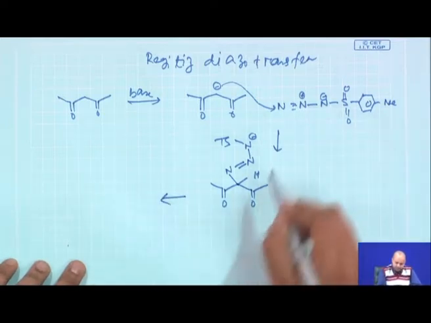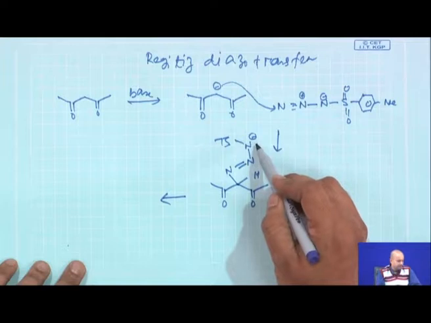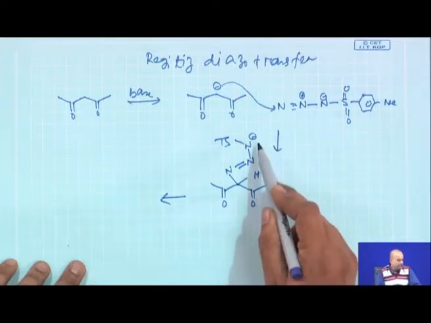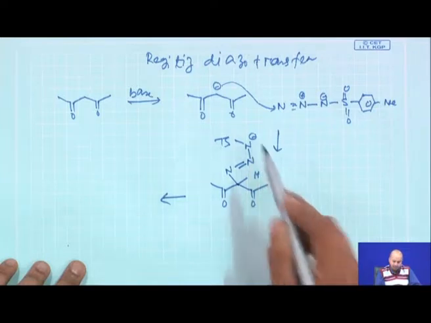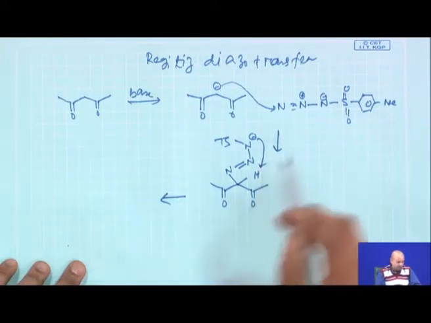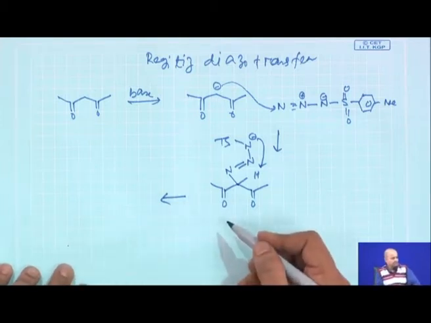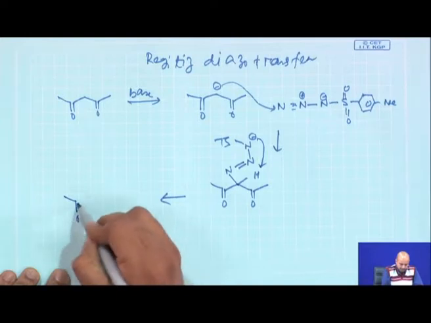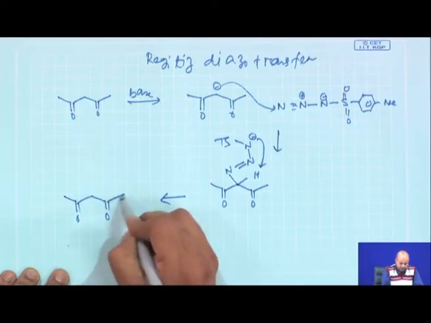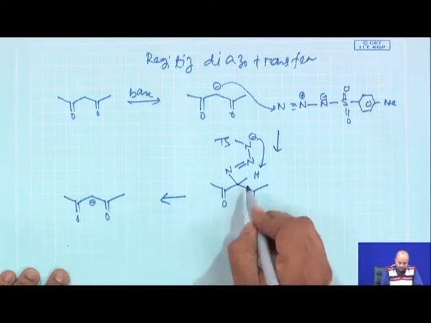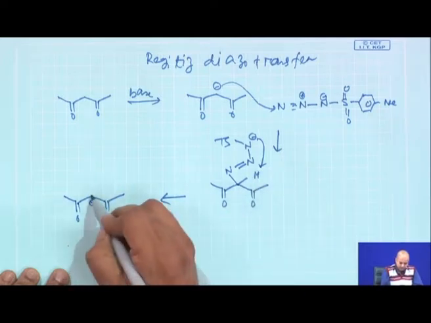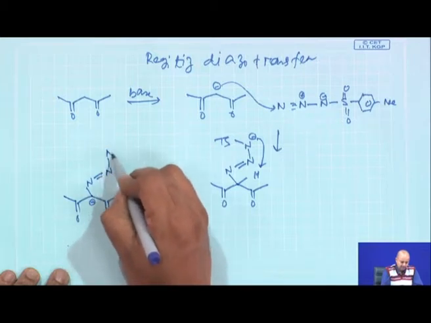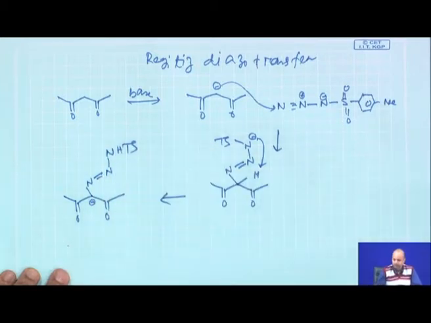Now, this terminal azide is N minus, and there is also another acidic hydrogen. So, this N minus acts as a base to pick up this hydrogen, and it gives you a minus here after this hydrogen goes, and then you have this N double bond N, NHTs.